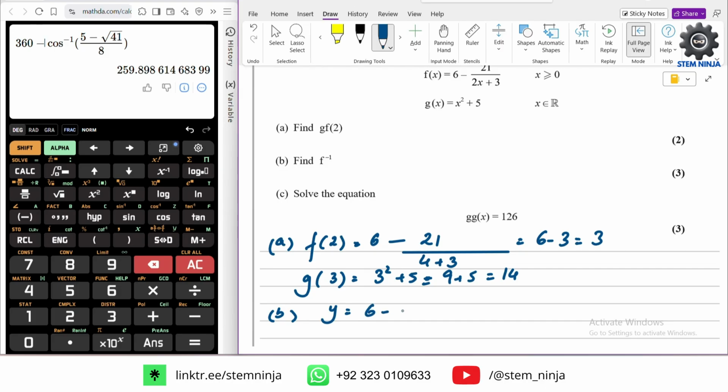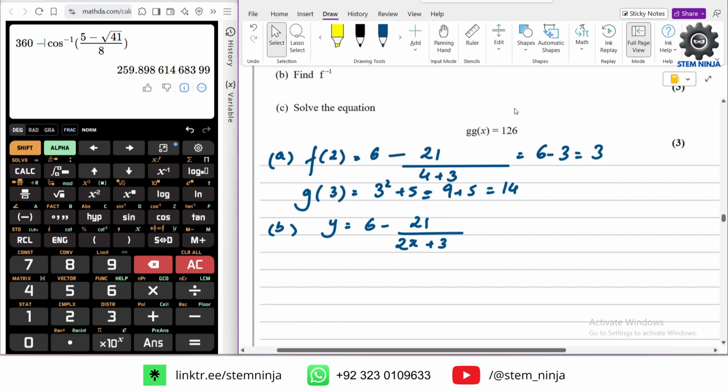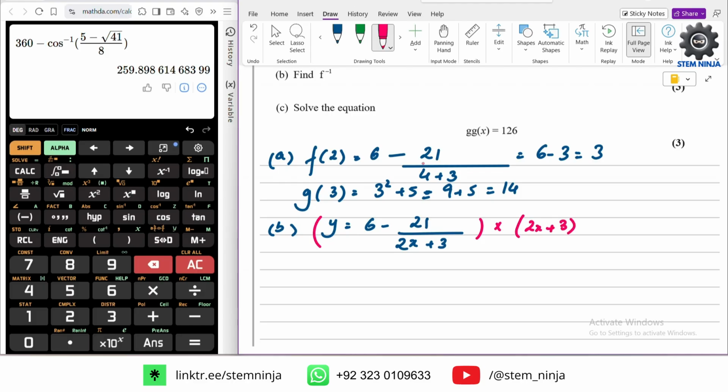First we write it like this, y equals 6 minus 21 over 2x plus 3. Okay, and one neat way of handling this is we multiply both sides by 2x plus 3.